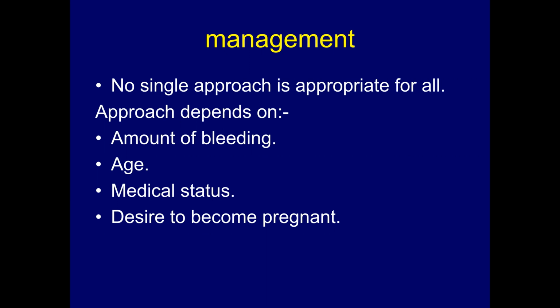And what kind of medical status does she have? Does she have a lot of complications? Is she known to have thromboembolic disease? Does she have comorbidities, diabetes, and really how severe is the amount of bleeding? Does she really drop her hemoglobin each time?